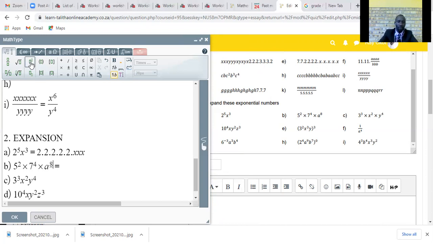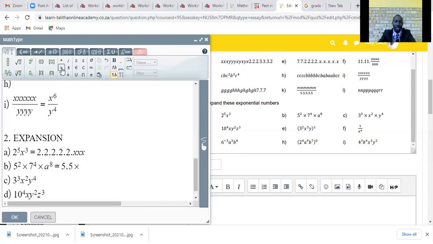Now, we begin to do what? To simplify. We start with 5. 5 appears how many times? 2 times. So we have a 5 and a 5. Times, we can use multiplication, which they have chosen, or a dot. Let's use this multiplication. 7 is appearing how many times? 4 times.